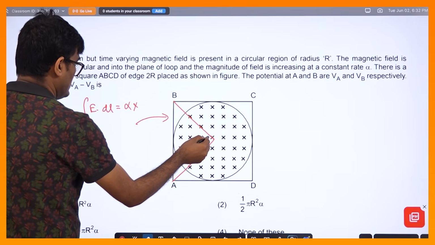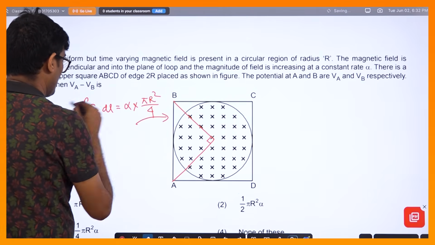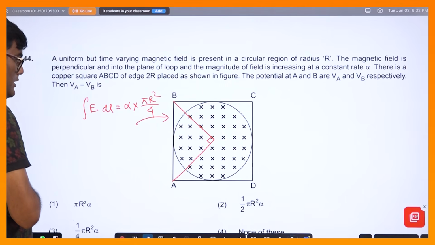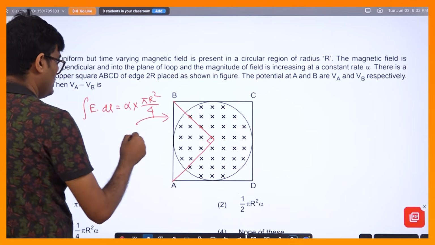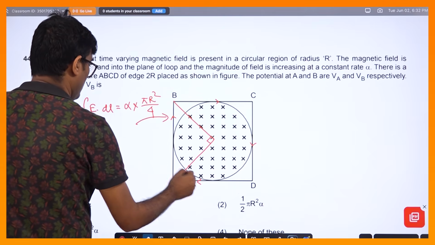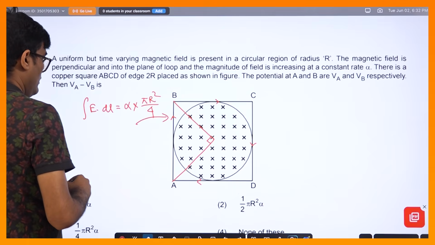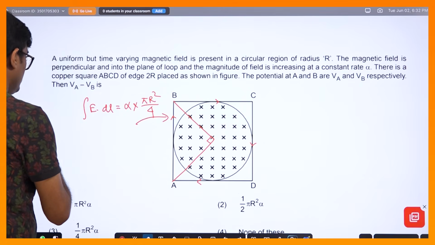Which area is it? It is 90 degree, so that means pi r square by 4. Right? E dot dl, this is the potential difference also.